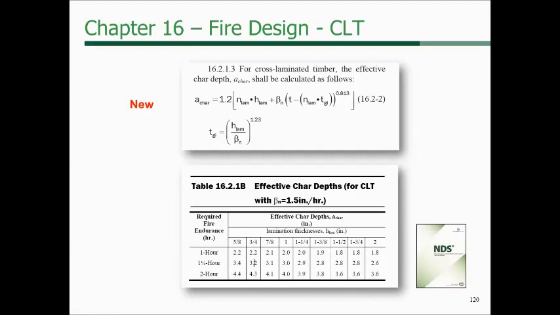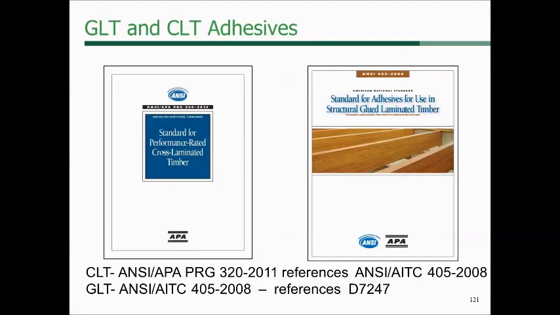Now, it was mentioned that for CLT there is a manufacturing standard, ANSI APA PRG 320 2011. This wasn't mentioned, but it references the ANSI AITC 405-2008, which is actually for adhesives.